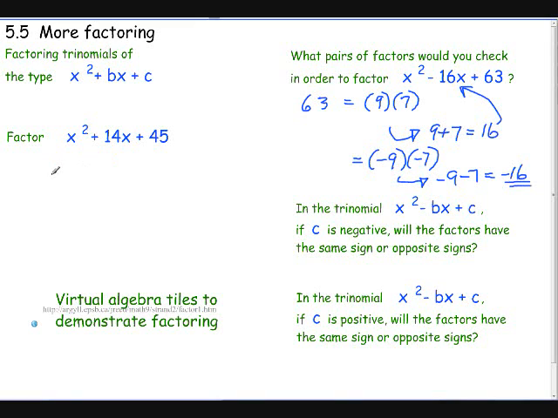Okay, so let's try that over here. 1 times 45 gives me a target here to factor. 2 factors of 45. Let's see, it would be 9 and 5.